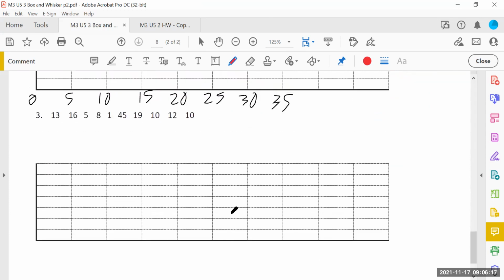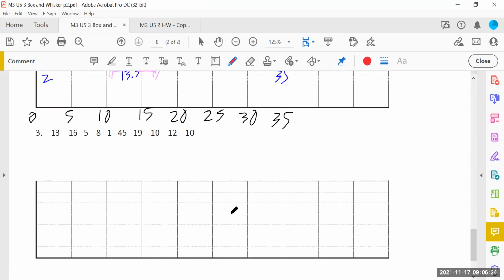We got one more, and then we're done with the notes. Let's do it one more time. So let's put these in order. Looks like lowest, again, help me out here. If I miss one, let me know. Got 1 as the lowest. 5, 8, 10, 12 next.